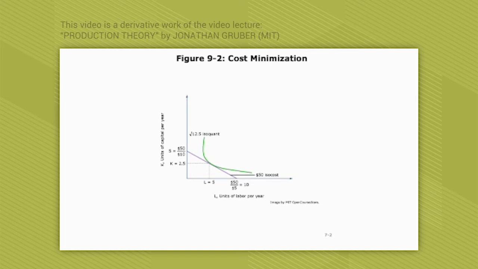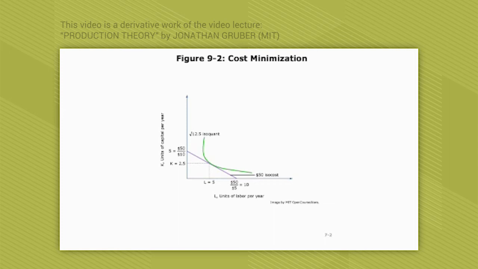that the efficient way to produce that is to use 2.5 units of capital and 5 units of labor. Okay? Given that the relative prices are given to us by this budget constraint, and the production technology is given to us by this production function from which we derived isoquants last time, the optimal combination of inputs to give this level of output is going to be 2.5 units of capital and 5 units of labor.